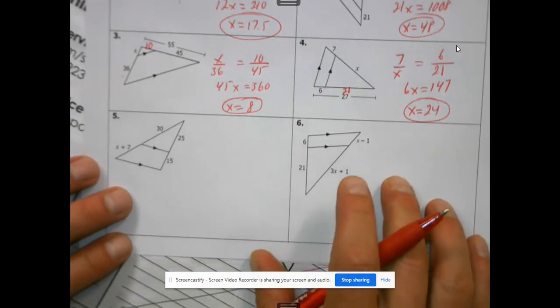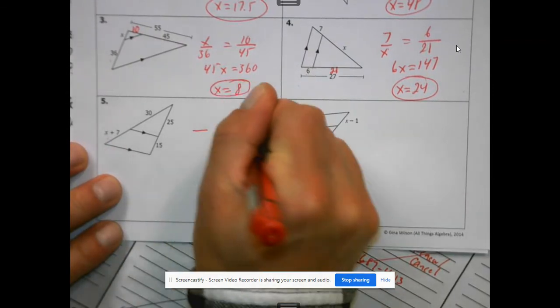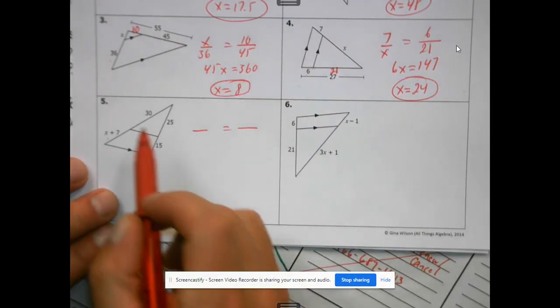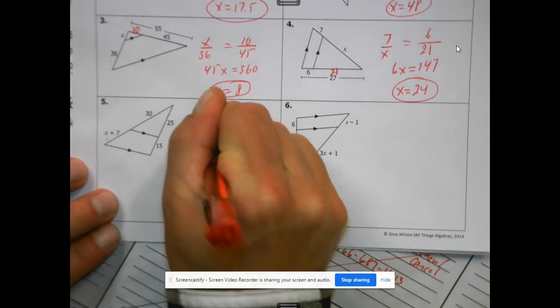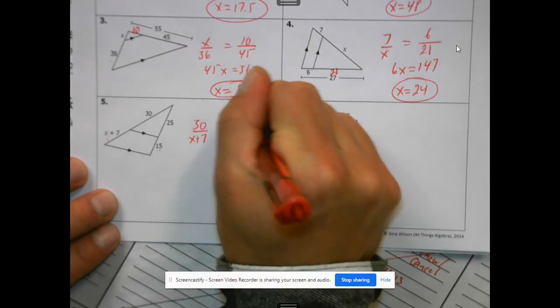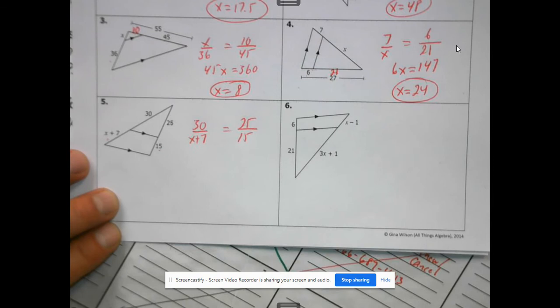Number 5. A little bit of algebra with this when you get an expression right there you got to work with. I'm going to go top down, top down. I'll go 30 over the x plus 7 equals 25 over the 15. Cross multiply. Let's see here. 30 times 15 is 450.